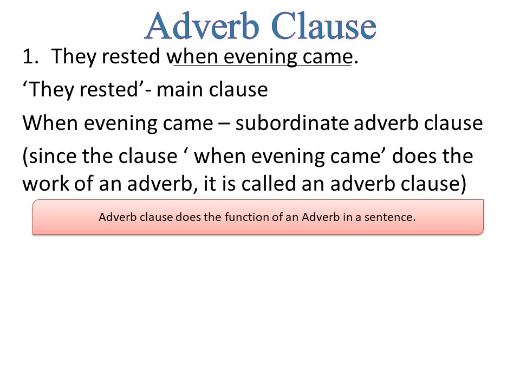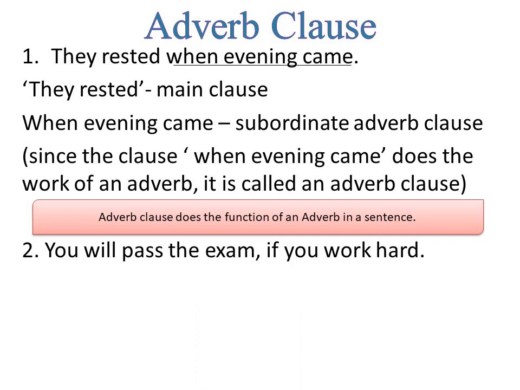Now let's take another example. You will pass the exam if you work hard. Now tell me, which is the subordinate conjunction in the sentence? Yes, you're right. If is the subordinate conjunction here. This means that your subordinate clause will begin from if. Now identify the verb in the sentence. On what condition will you pass?